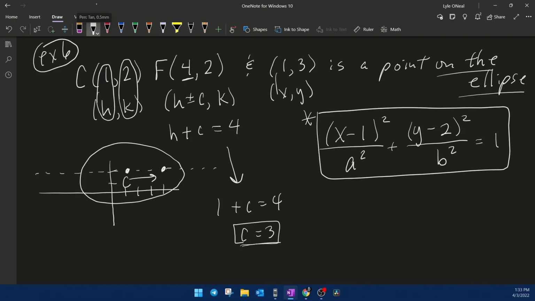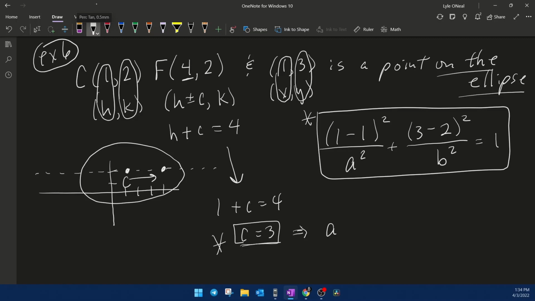And so what I can do is I can say, well, if x is 1 and y is 3, and that is a point on the graph, then I should be able to take this standard form and replace x with 1 and replace y with 3. But you see, I still have two variables in this single equation, and then this is where we're going to pull in our c in conjunction with our Pythagorean identity, and just watch the magic happen, okay?